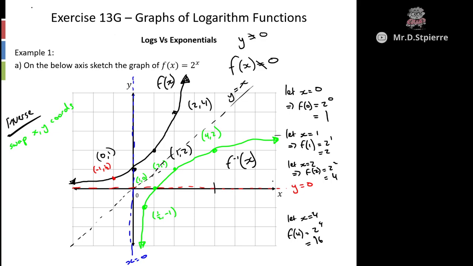The range, to be clear, is still y is all elements of the reals. We go all the way down to -infinity. If we kept going long enough, if we made x big enough, y would still keep going up. It goes up slowly for a log, but it still goes up.